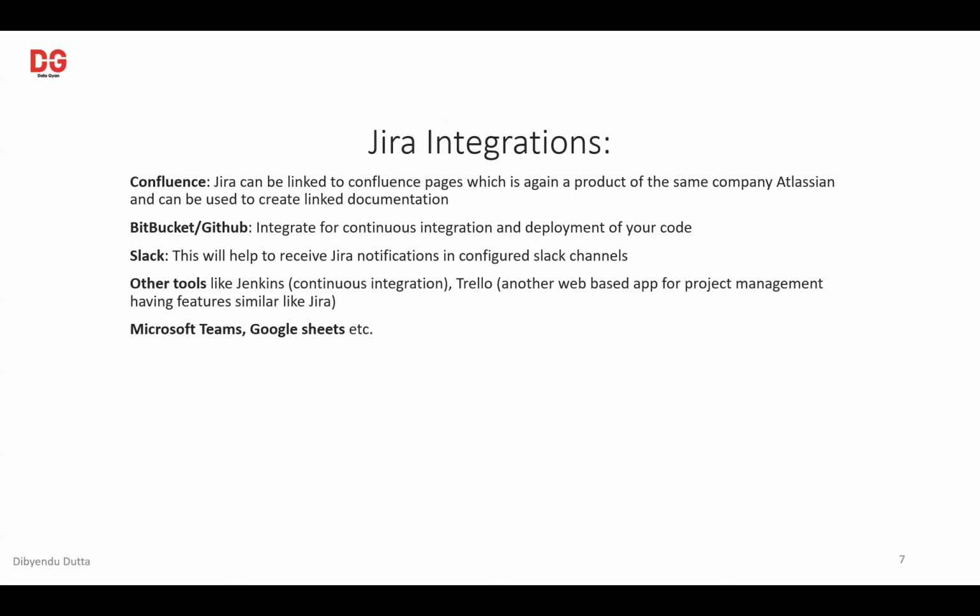Whenever you integrate Slack with Jira, every time the status of a particular artifact changes in Jira, you can get a notification in Slack automatically. Then there are other tools like Jenkins and Trello, which perform similar things like continuous integration and continuous deployment. They can also be integrated with Jira, as well as Microsoft Teams and Google Sheets, etc.